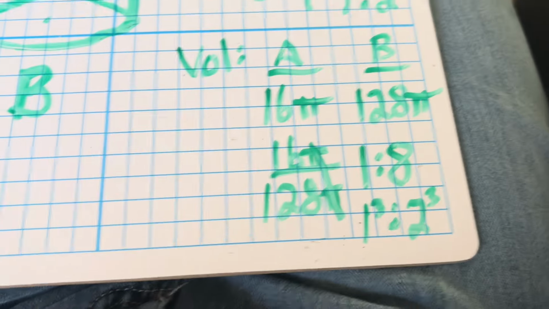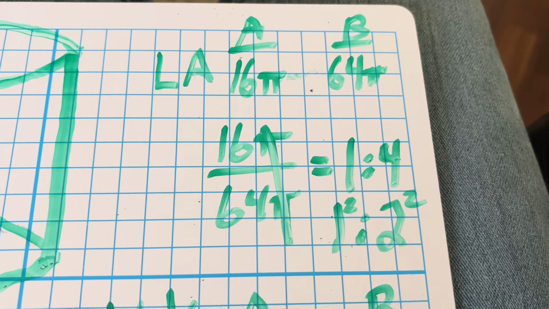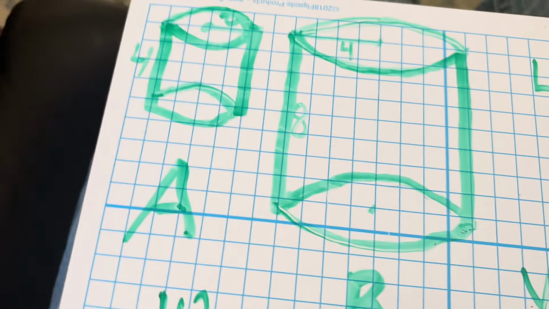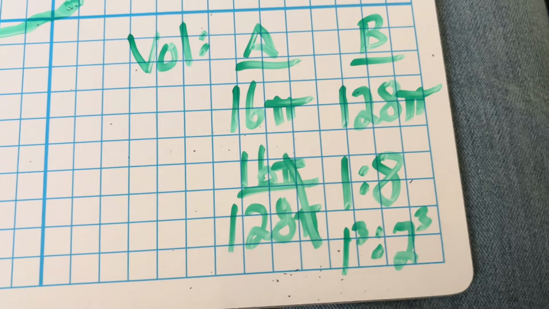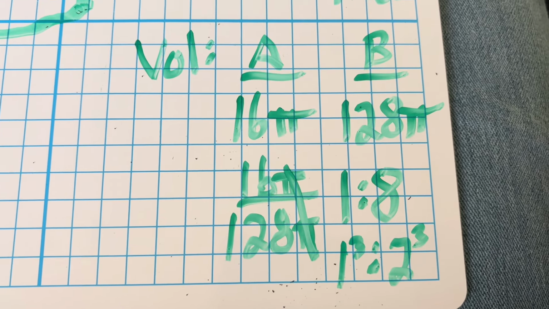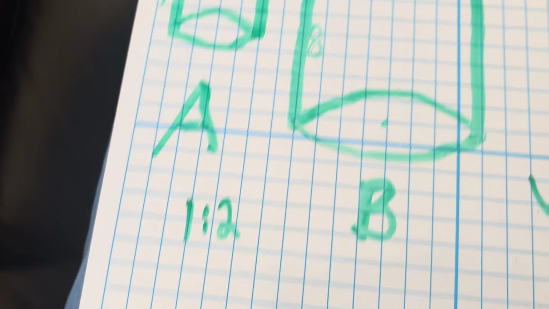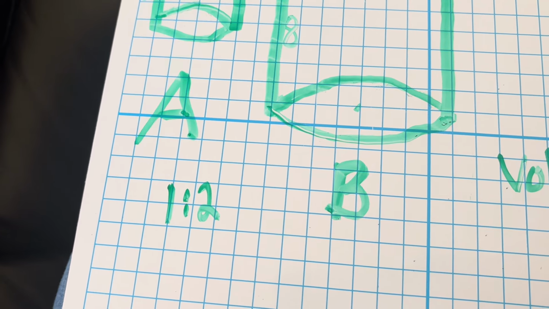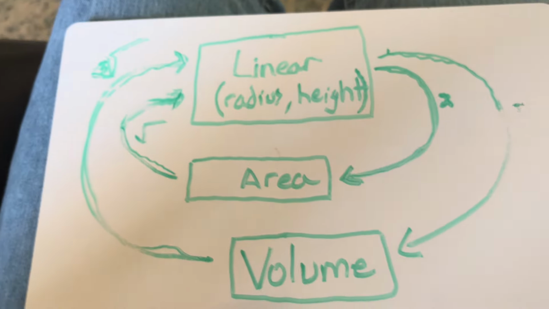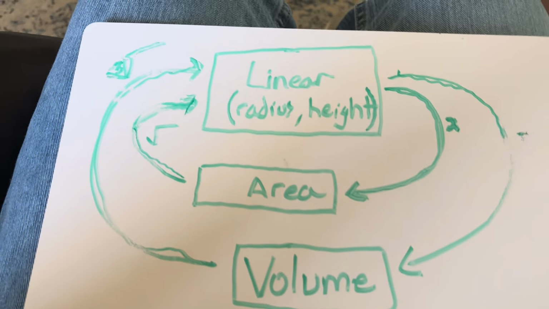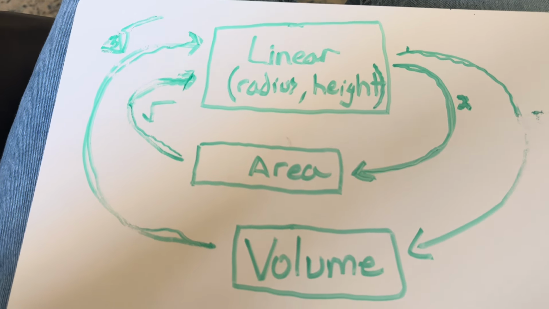So what we see happening is that the ratio of the areas is the square of the ratio of the linear measurements, and the ratio of the volumes of these two similar cylinders is the cube of the ratio of the linear measurements.